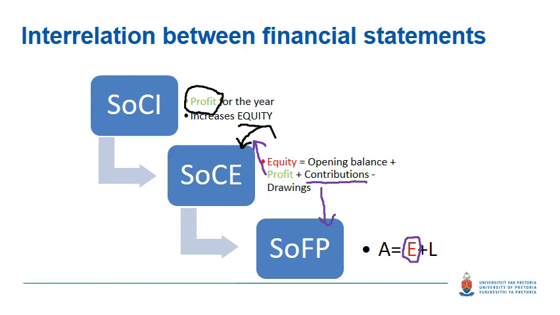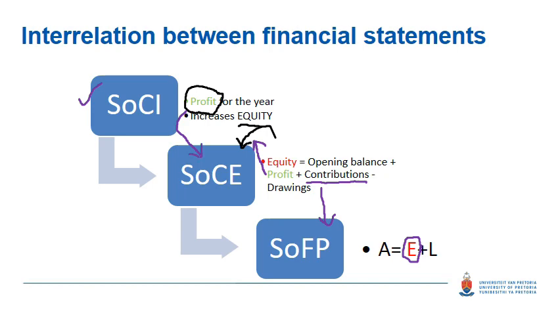So to recap, these three statements are related. They have an interrelation between the three. We start with a statement of profit or loss and other comprehensive income. This produces the profit or the loss for the year. Since profit or losses for the year will have an influence on equity, we transfer our answer to the statement of changes in equity.